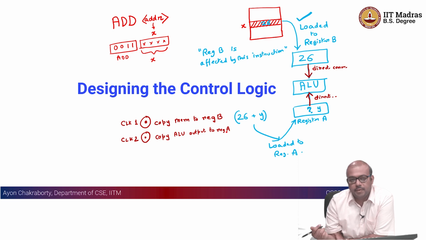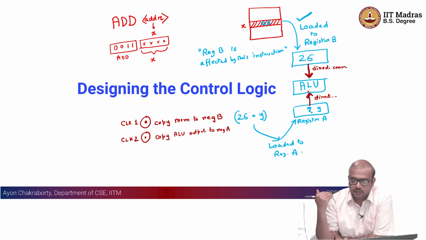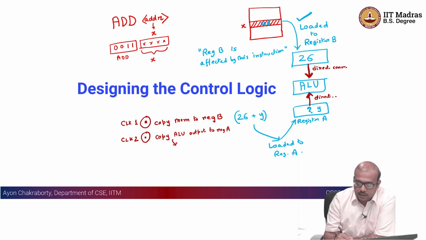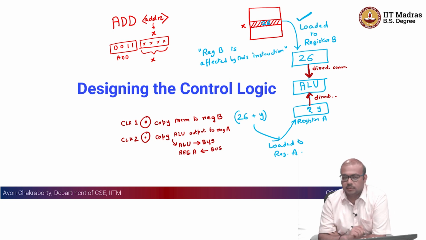The ALU cannot directly copy to register A. This is not a bidirectional communication, this is just the output of register A or register B that are coming to the ALU, right, that is A and B. The full adder outputs are not connected to the register. So, I have to write it to the bus, right. So, this actually means in between that ALU outputs to the bus, and register A inputs from the bus, then we are done.